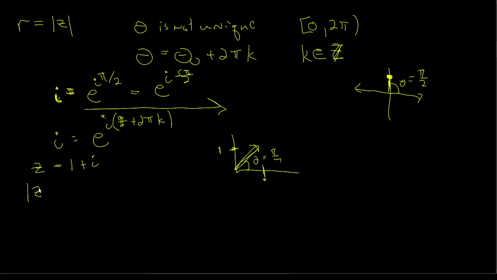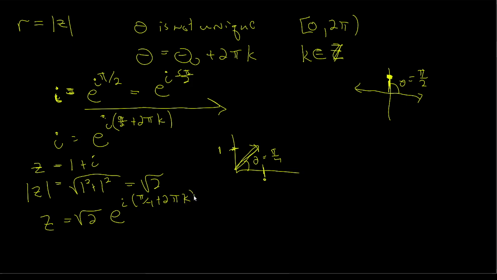The magnitude of this, well, that's the square root of 1 squared plus 1 squared, or root 2. So I could write z as root 2 e to the i pi over 4, plus a factor of 2 pi.